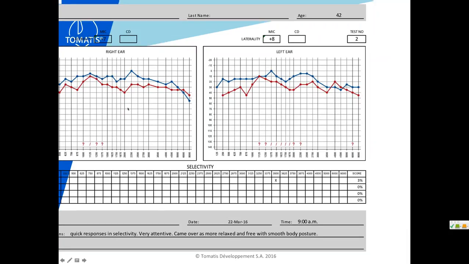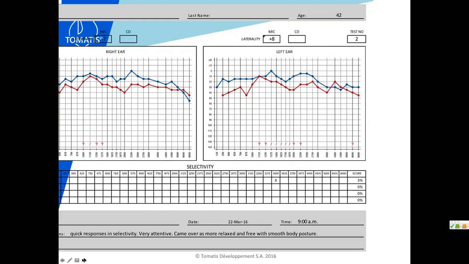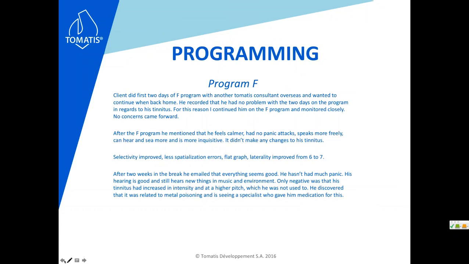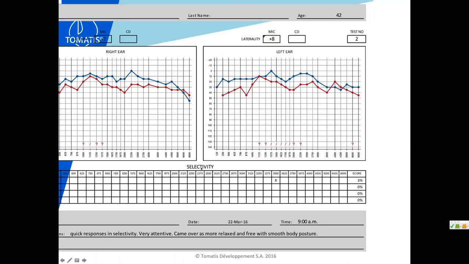This one? Yes, that's the one. So that was at the end of the program, beginning of March, just when he finished the program. So his laterality has changed from 6 to 7, but still left ear.